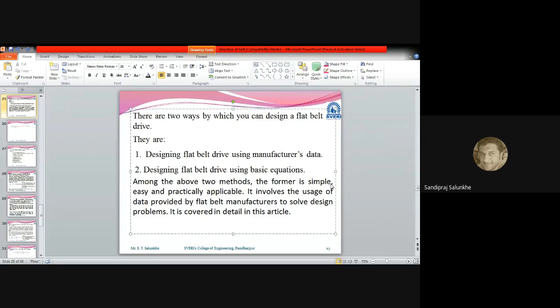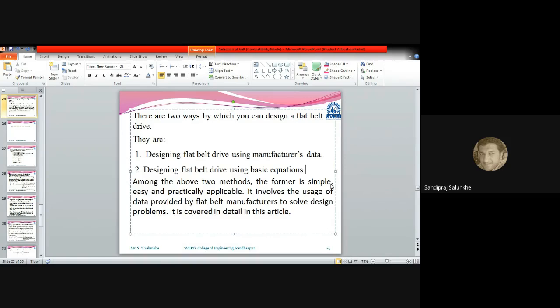Means the problem statement which we may be facing, you can give a solution to that problem statement by means of that former design procedure also, that is nothing but designing flat belt drive using manufacturer's data or catalog. By means of this method also we can have a satisfactory solution for our design problem.